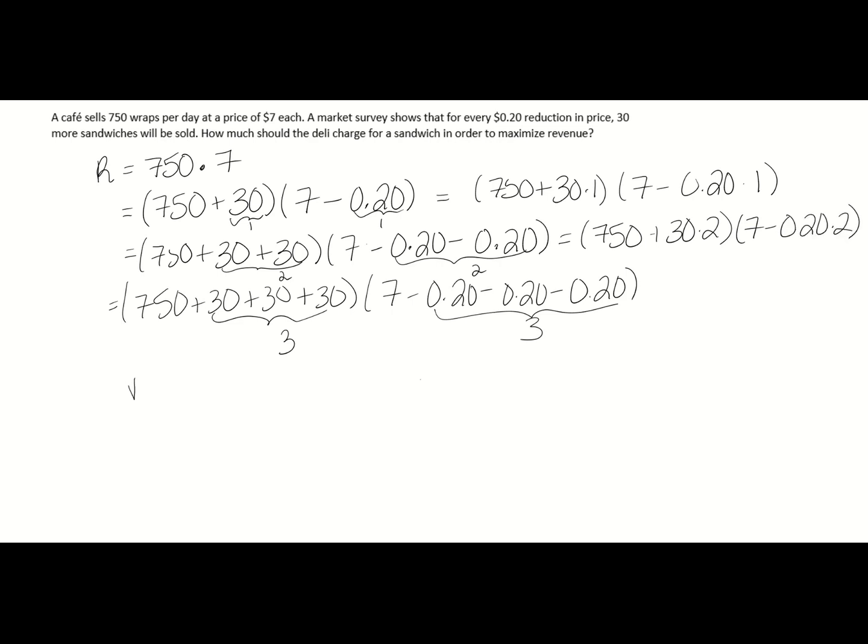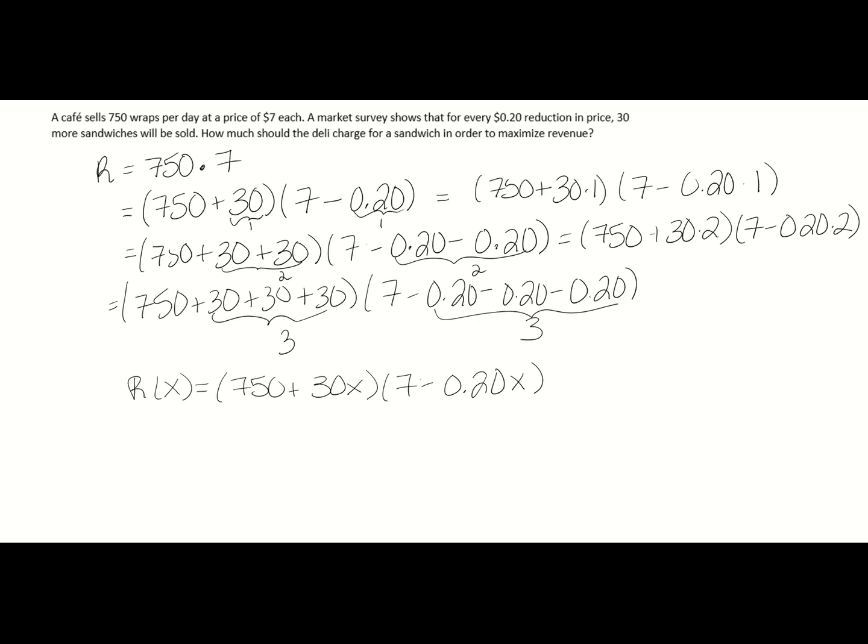So I can create a function, r of x, where I have 750 plus 30x times 7 minus 20 cents x, where x is the amount of 20 cents reductions I'm doing, or the amount of 30 sandwiches that I'm adding to 750.